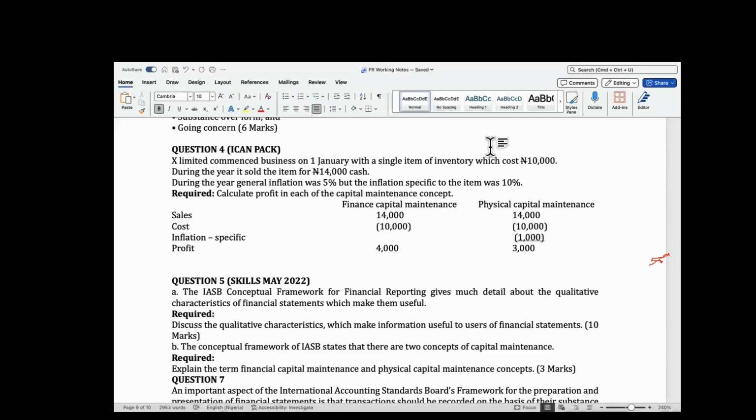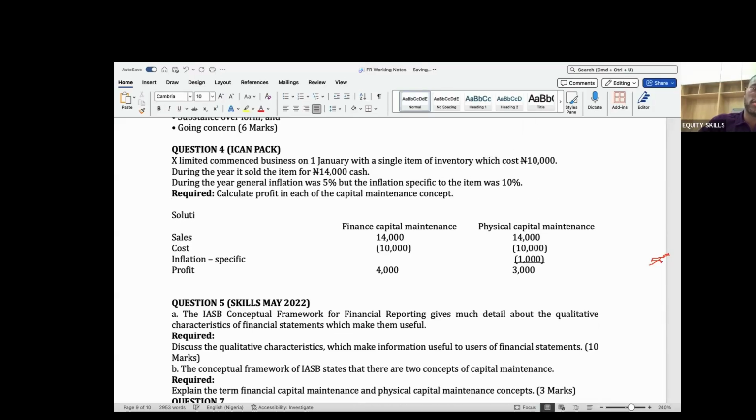We have financial capital maintenance. I already did the physical solution. So, I taught you about capital maintenance under chapter 8. There's financial, there's physical. Financial deals with money capital.